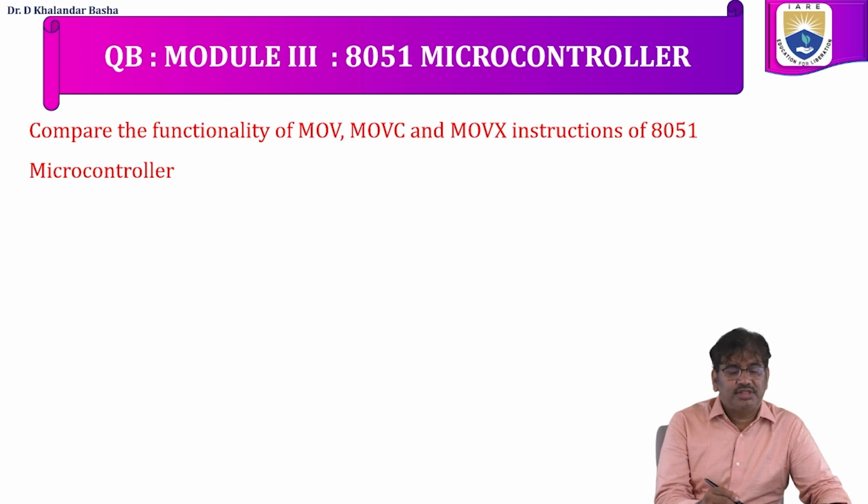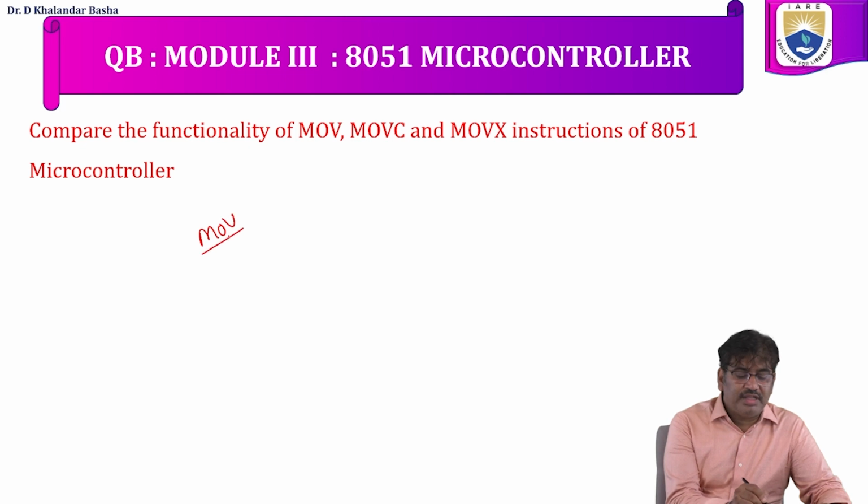The next question is to compare the functionality of MOV, MOVC and MOVX instructions of 8051 microcontroller. The MOV instruction is for moving the data from one location to another location. Either it can be register to memory location or memory location to memory location.